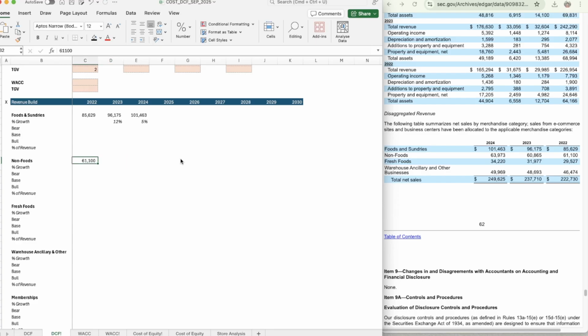Non-foods now. So non-foods in 22 is 61 billion. In 2023, it's slightly down, 6865, then 63973. Then fresh foods, 29527. 31977.